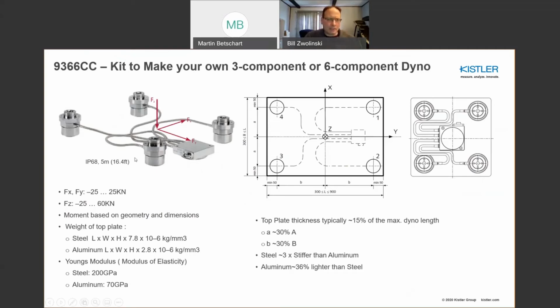This kit is really unique in terms of what it provides, and it enables you to make up to, say, a 900 by 900 millimeter force plate if you so chose. Actually, I think not 900 by 900, but 900 by, say, 300 force plate.